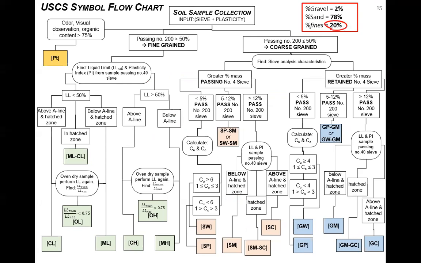We have 20% passing, so that means the majority is going to be coarse grain. So we start in here, and we only follow this. Now, do we have a greater percent mass retained on the number 4 sieve, or a greater percent mass passing the number 4 sieve? That's 2 versus 78. So we have a greater percent mass passing the number 4 sieve. Now we go down here.